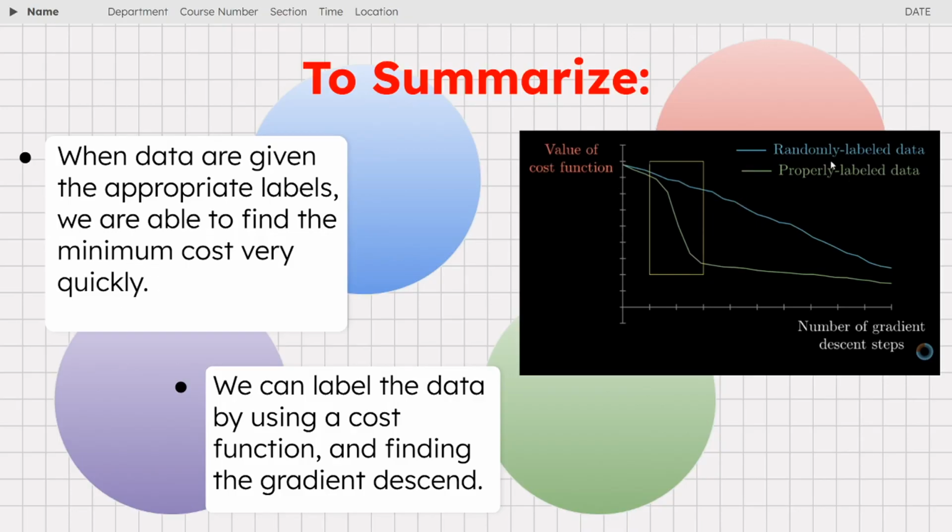As you can see to the right, with randomly labeled data, the graph is almost linear. The more steps we take for the gradient descent, the lower its value for the cost function becomes. But if we compare with the data that are properly labeled, you can see a sharp decline, or it becomes accurate very quickly.